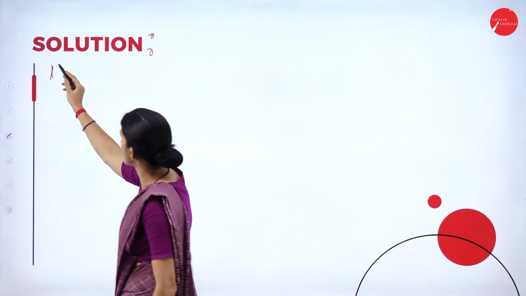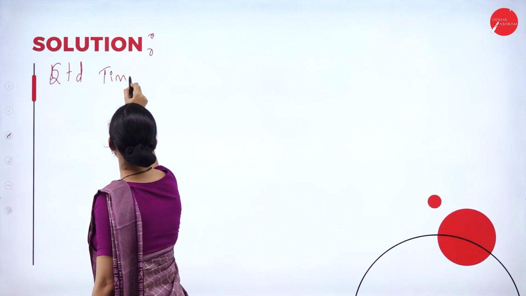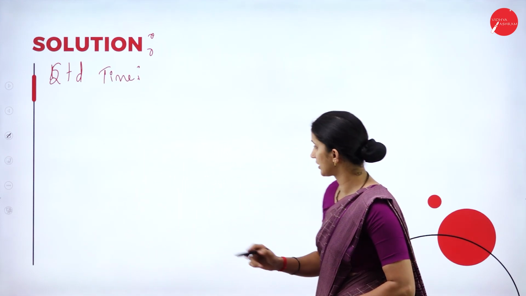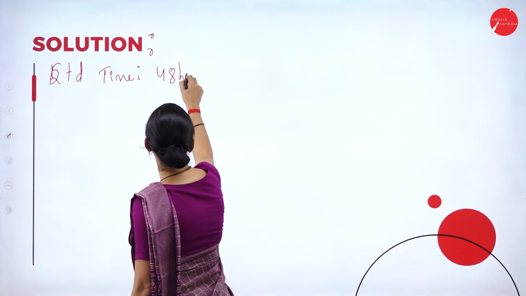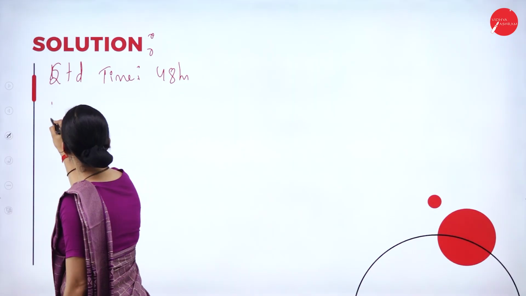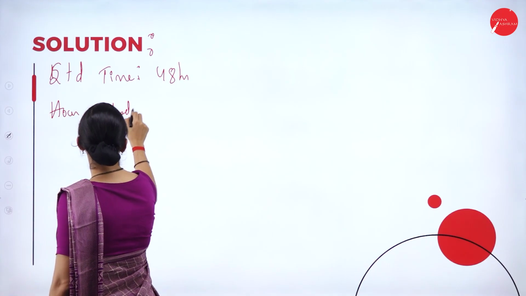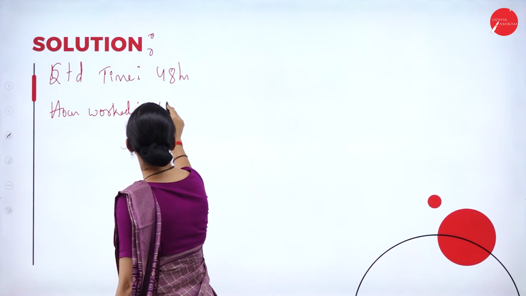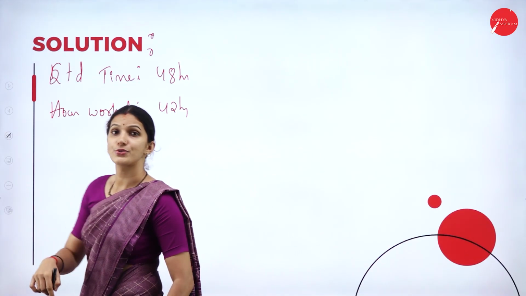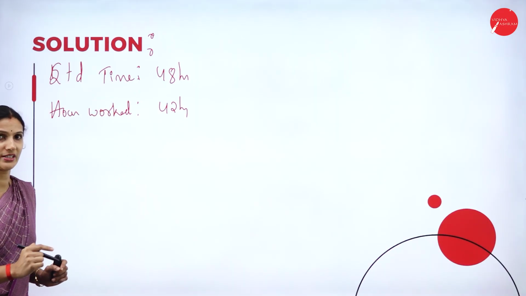What information is given here? In the question you have been given the standard time, that is 48 hours. And then you have hours worked, that in the question is 42 hours. As per your formula, you have standard time and actual time or hours worked.